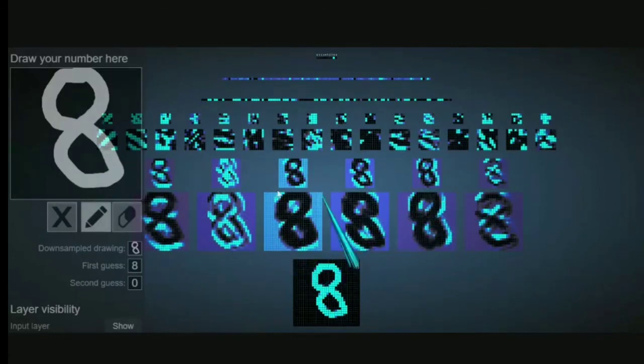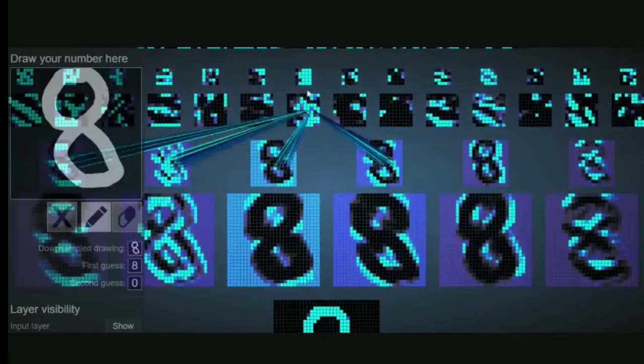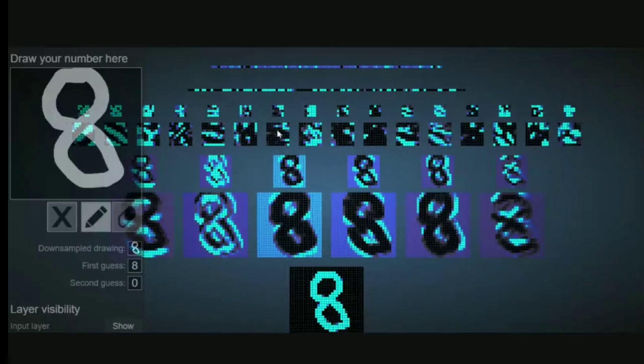Then again we apply convolution and pooling in the next layer, and then max pooling, and in the next layer again pooling. And then we give this to the fully connected layer. Is it visible how the input is processed and how it gets the output as 8?